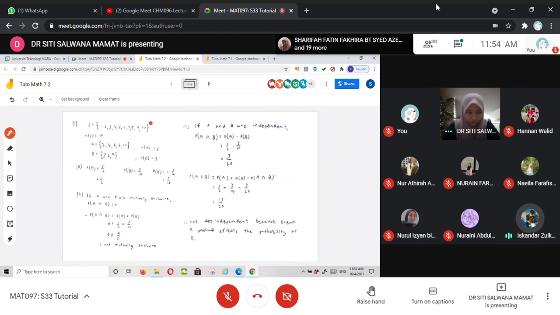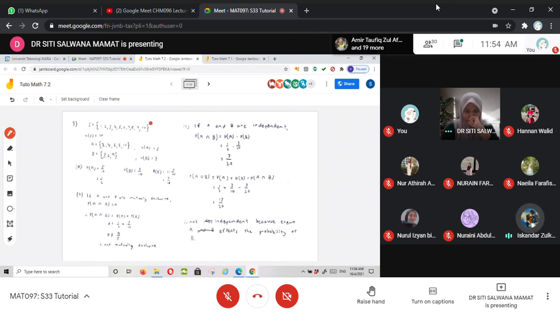So for question A, the probability of event A equals 5 over 10, which also equals 1 over 2. Then the probability of event B is 3 over 10, and the probability of B prime equals 7 over 10.